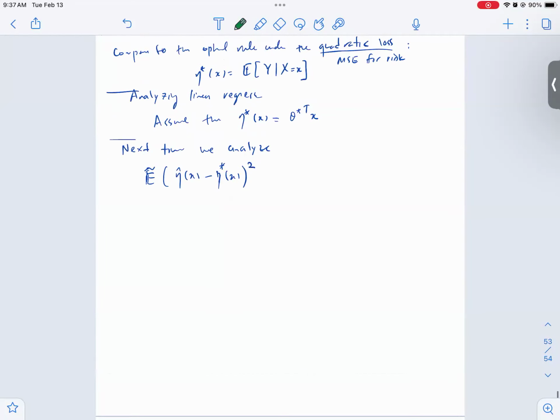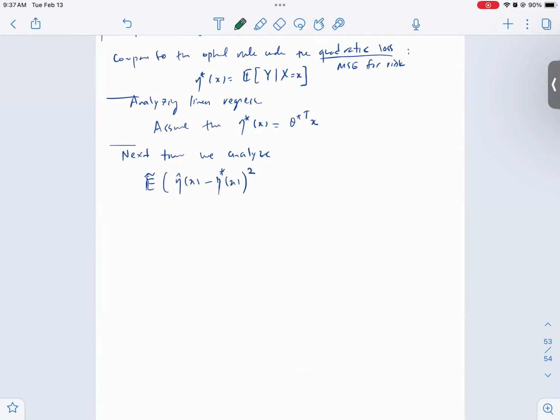Under the linear regression model, we assume, for example, that the regression function is linear, and then we made another assumption, which was that this conditional variance of y given x is equal to sigma squared.